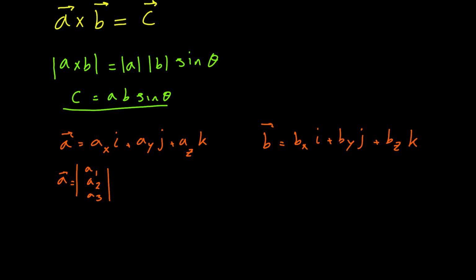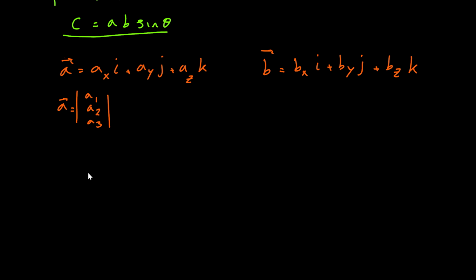Now, to do the multiplication, we say A cross B, the two vectors A cross B, and how we write it. So we need to do a 3 by 3 matrix. The first row is going to be I, J, and K, the unit vectors. The second row is going to be the components of the A vector, so AX, AY, and AZ, or A1, A2, A3.